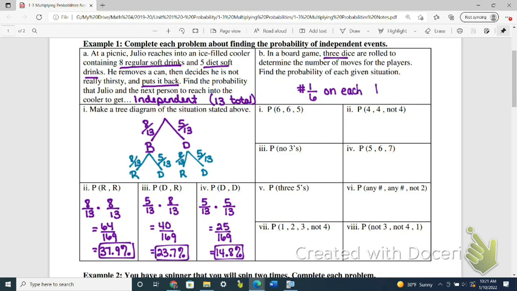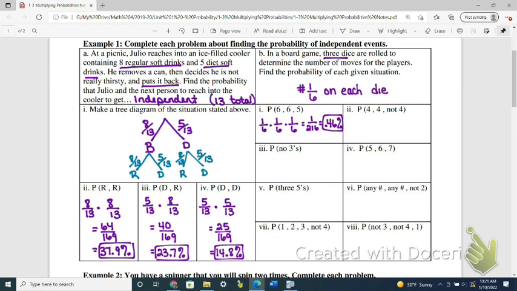And since I am rolling 3 separate dice, there is no chance that one affects the other. So the probability of getting a 6, there are 6 sides, so that's 1 out of 6. And then a 6 on the next one is 1 out of 6, and a 5 is 1 out of 6. So it's 1 over 216, which is 0.46%.